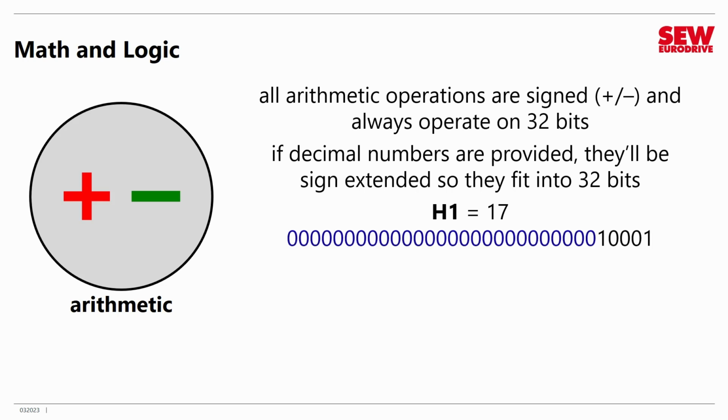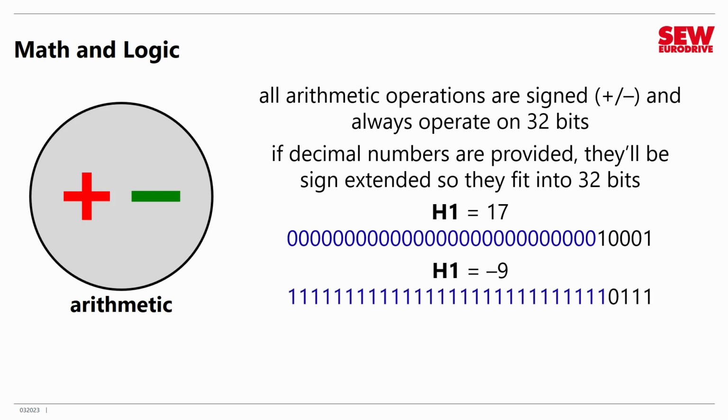If you looked at the individual bits, there will be a full 32 bits. And since it's a positive number, the sign bit gets sign extended all the way to the most significant bit end. On the other hand, if you say H1 equals minus 9, which is a small negative number, it's going to sign extend using 1 bits.